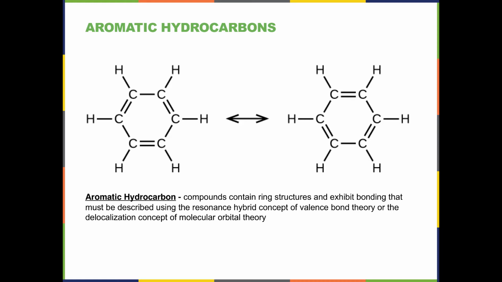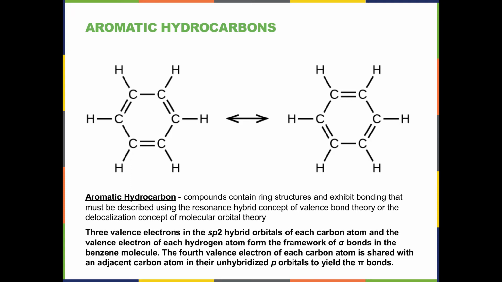And one way to represent this is just to put a circle in the middle that represents the delocalized electrons. So the 3 valence electrons in the sp2 hybrid orbitals for each carbon atom and the valence electrons for each hydrogen atom form a framework of sigma bonds in the benzene molecule.